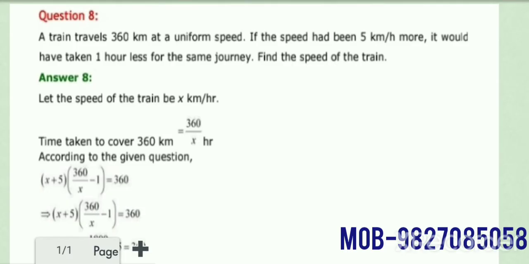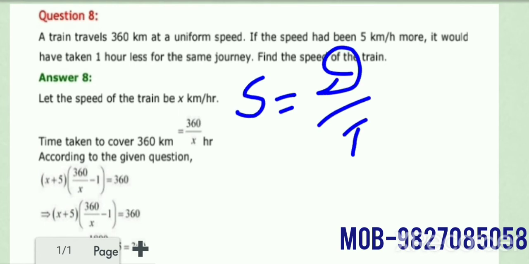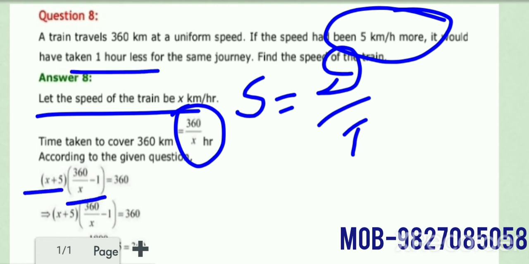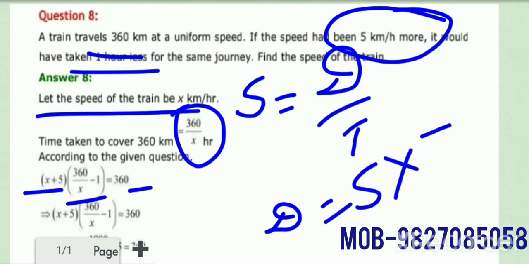Now question number 8. A train travels 360 kilometers. Okay. So here we are using the formula speed is equal to distance upon time. Suppose speed is equal to x kilometers per hour, then the time taken will be 360 upon x. According to the question, with 5 kilometers more speed, the time taken is 1 less. So this is speed, this is time minus 1, and the total distance is equal to 360, which means distance is equal to speed into time.